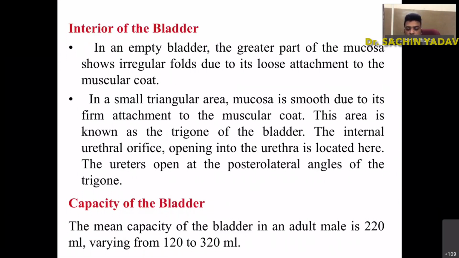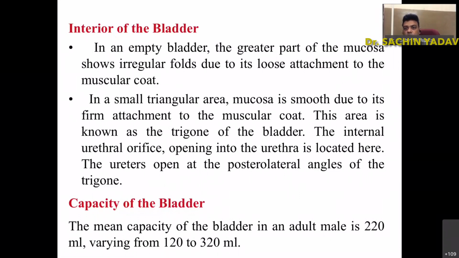So there is no fold you will find. Okay, so that triangular area is inverted. The apex is directed downward, base is directed upward. So upward, the base on its either side has the opening of the ureter. And the apex, which is directed downward, is going toward the internal opening of the urethra, that is the urethral orifice.